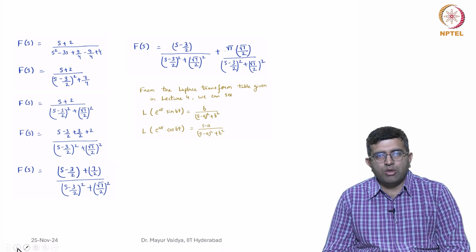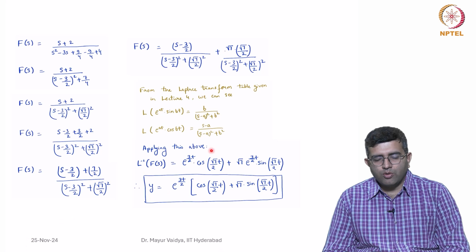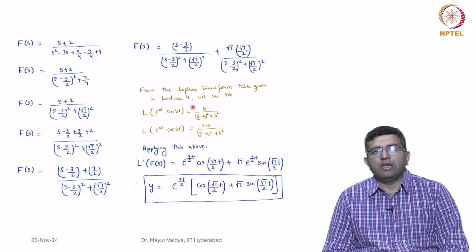So now it should be very clear that if you apply this here, the inverse should be e power at. In the case of cos, you have s minus a, so a is equal to 3 by 2.